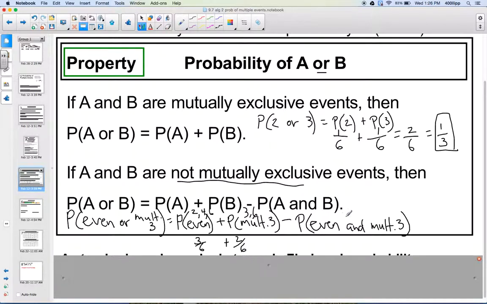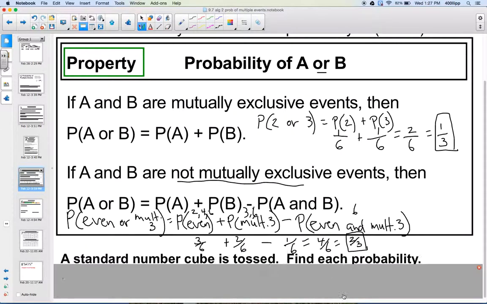And when it's even and a multiple of 3, the number 6 is both even and a multiple of 3, so we have to subtract that off, which is only 1 out of the 6, because we can't make this 6 come up twice. So we'll have 3 plus 2 is 5, 5 minus 1 is 4 out of 6, and we can reduce that to 2/3. That will be our probability of getting an even or a multiple of 3.